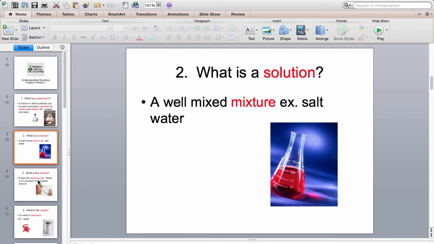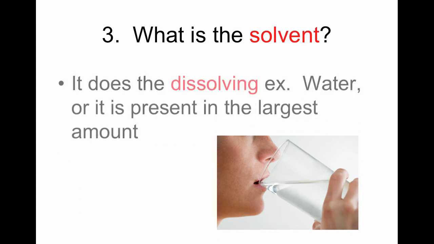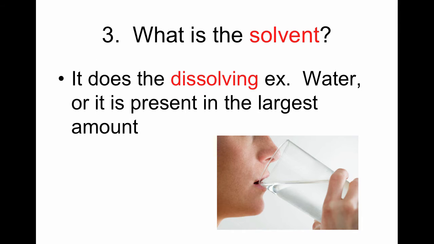Solution comes in two parts. There is the solvent, which does the dissolving. An example of that is water, and it is present in the largest amount. The way I remember that solvent is, water is a good example of a solvent because I think of the word solvent, and the V is half of a W, and that reminds me of water.